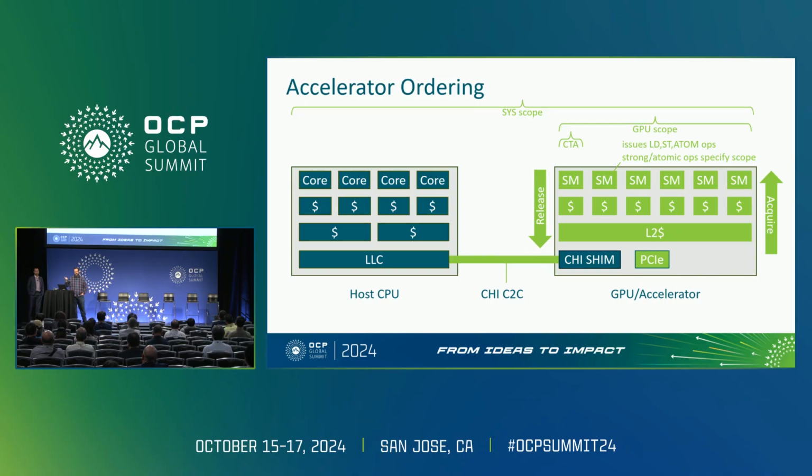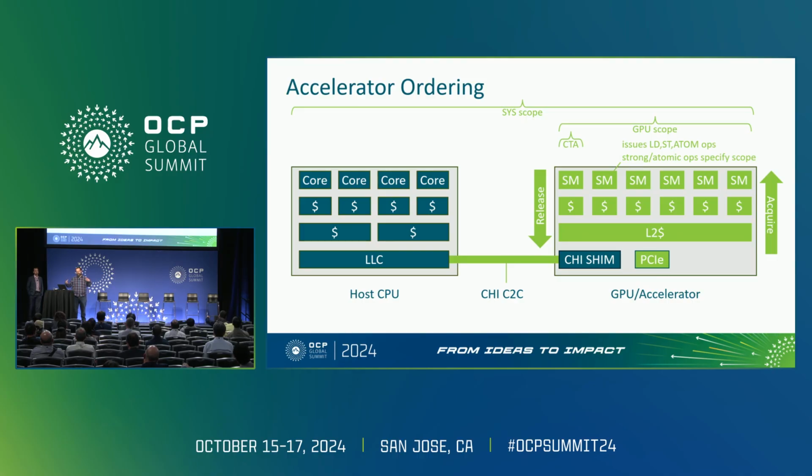But on the other side, you have a very different beast. You have an accelerator. I'm going to use the example of an Nvidia GPU because that's the one I know the best and most dear to me. But it's completely different from how a CPU works. It's very weakly ordered. ARM's already weakly ordered, but the GPU is even more so. It's got a very different hierarchy where synchronization is defined within different scope levels, where you have threads that synchronize within an SM, within something called a CTA.